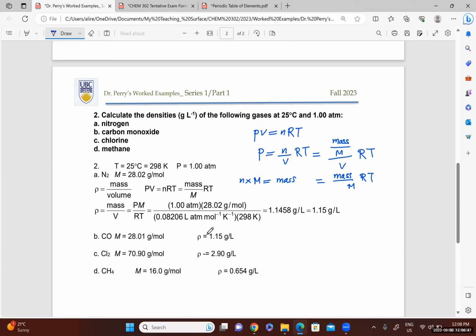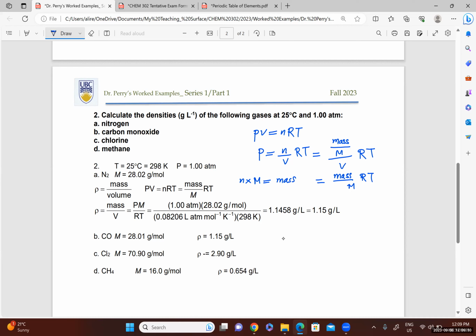So atmospheres and atmospheres cancel. Mole and inverse mole also cancel each other. Kelvin and inverse Kelvin cancel each other. So multiply these 2 values on top together and divide them by these values. You should get this.